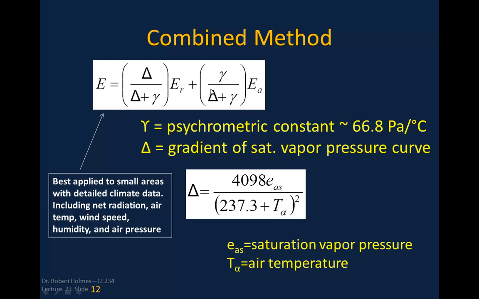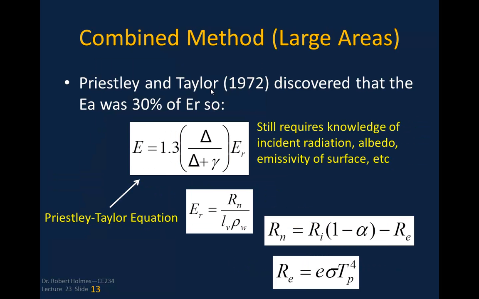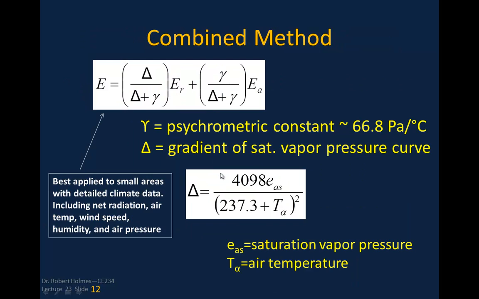When you don't have that, a simpler method was introduced by Priestley and Taylor in 1972 for large areas. They discovered that EA was approximately 30% of ER, so they simply boiled the relationship down to 1.3 times delta over delta plus gamma, using the same coefficients as before: 66.8 for the gamma, and this equation right here for the delta.